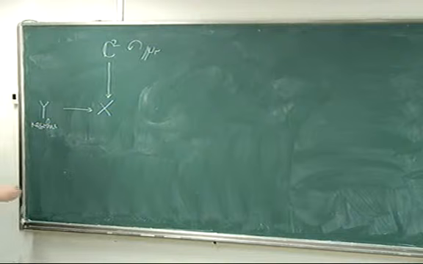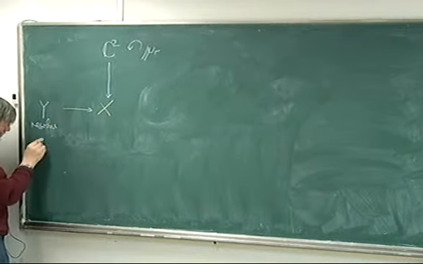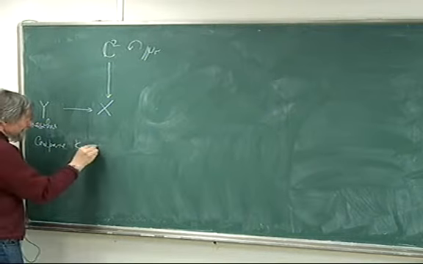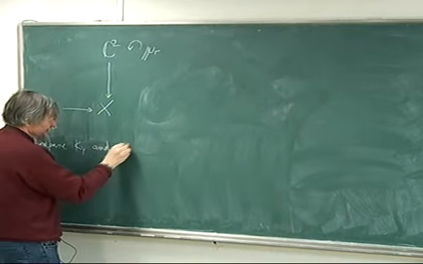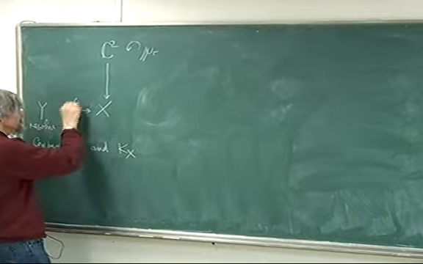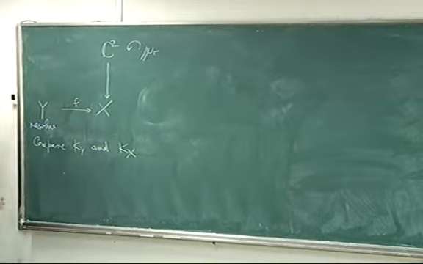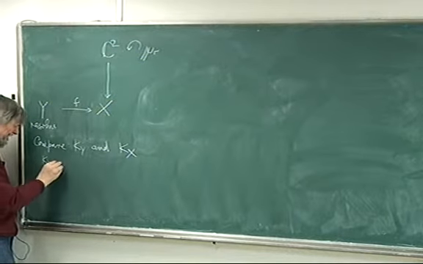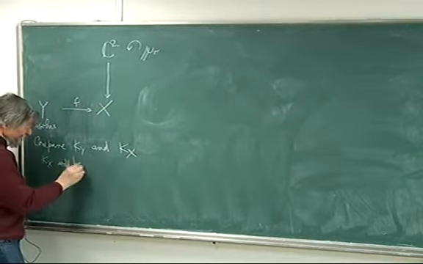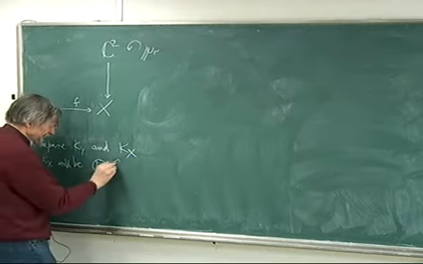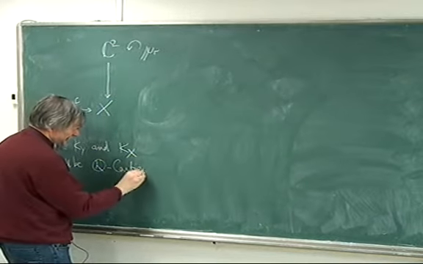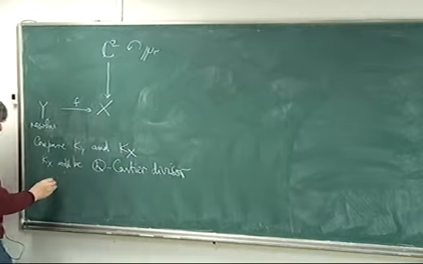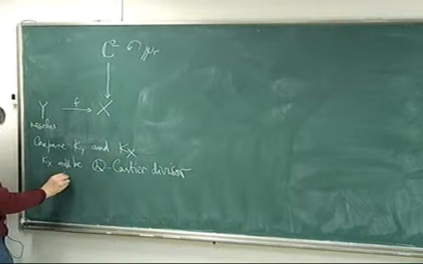The discrepancy is where I want to compare Ky and Kx. This is only going to make sense because Kx will be a Q-Cartier divisor. I'll explain what this means in a minute. And so I'm going to take f upper star Kx.